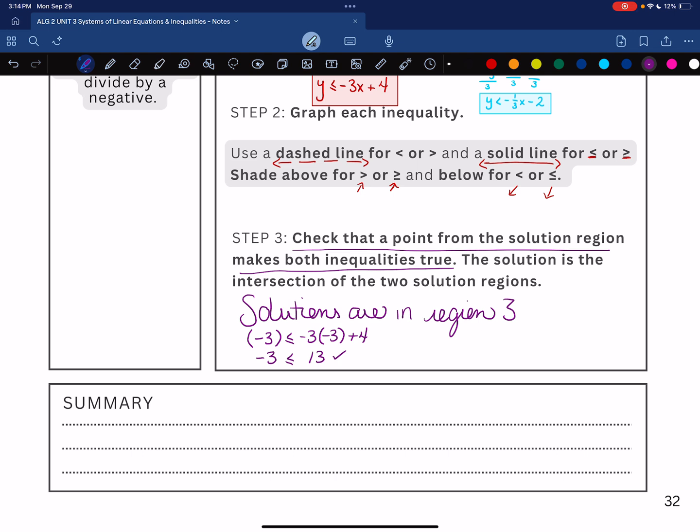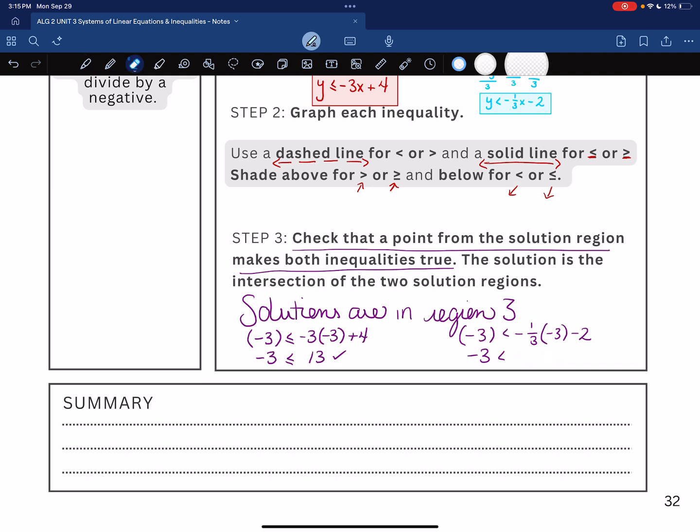And check it in your second inequality as well. -3 less than -1/3 times -3 minus 2. Well, let's see. Is -3 less than 1 minus 2? Well, what is 1 minus 2?